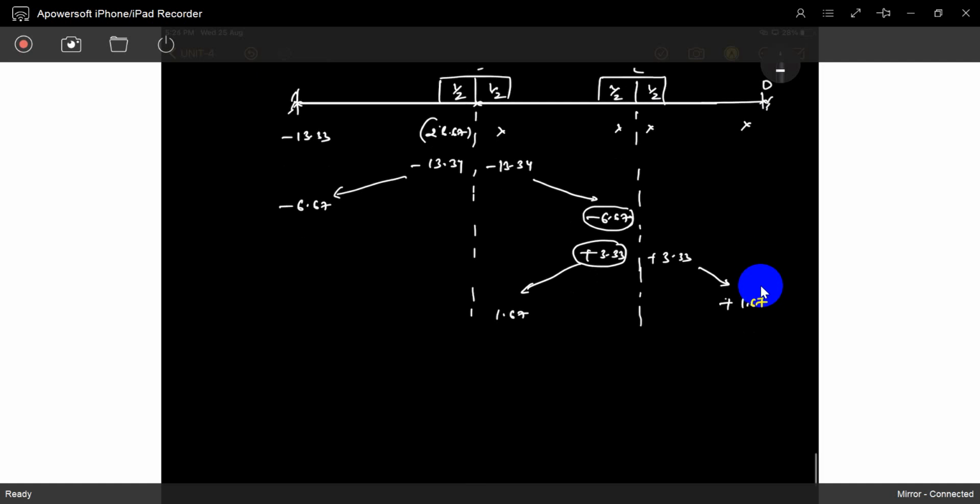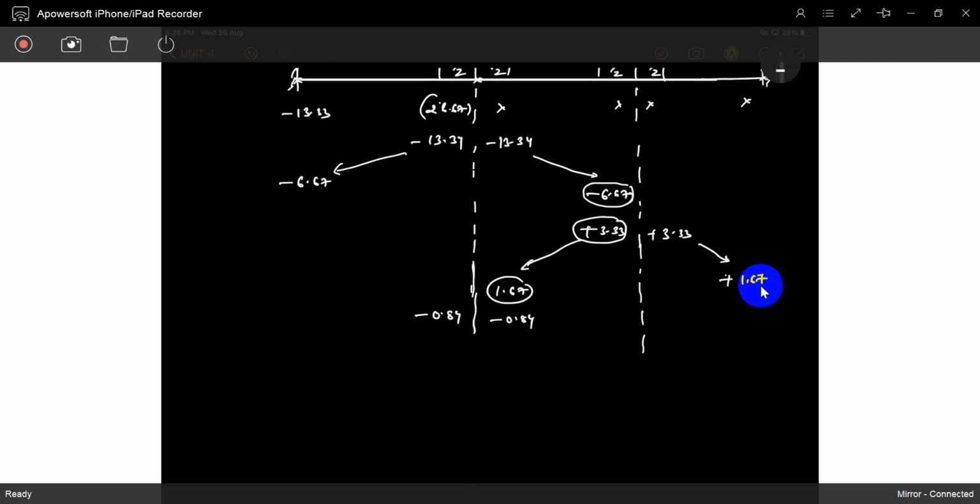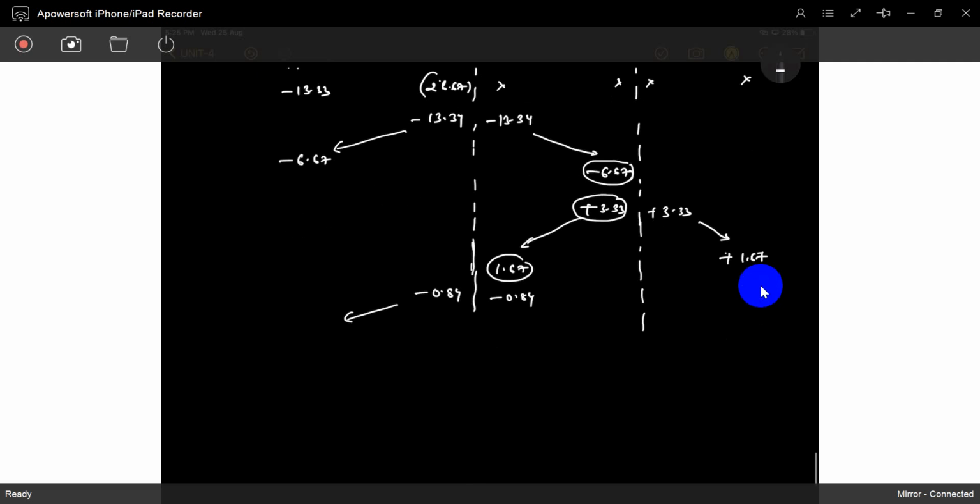Now B is unsettled, so you have to settle B: 0.84, 0.84. Again C will come like minus 0.42, and here minus 0.42.